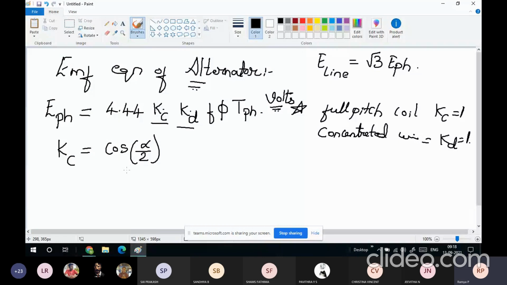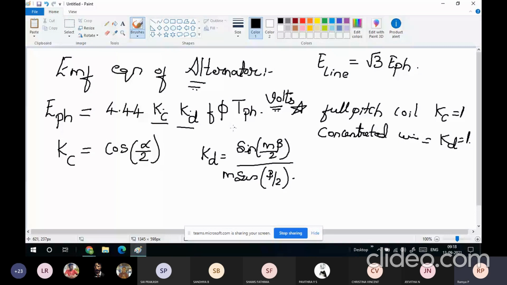And similarly, if you want to calculate Kd, the distribution factor, the equation is sine of m beta by 2, whole divided by m sine of beta by 2. Why I am repeating this is that you are supposed to solve the problem, and if you don't know the equations, then it is a waste.